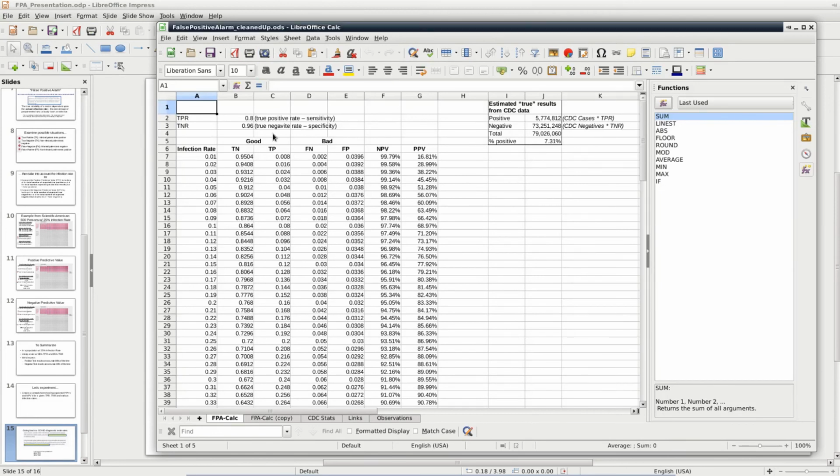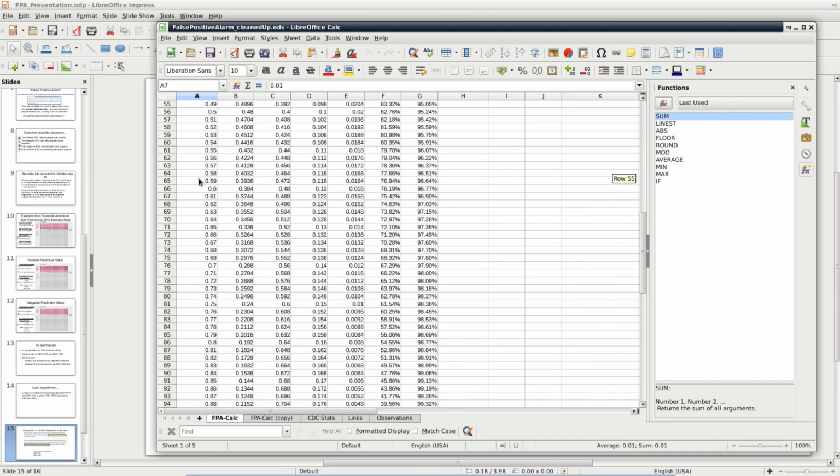Okay, so here's the spreadsheet that I created, and here's how it works. Up here we have the true positive rate and the true negative rate. We set them to the values given in the article: 0.8, that's 80% sensitivity, and 0.96, 96% specificity. Then down here in this first column, I just generated all of the percentages 1% at a time. So here is 0.01, that's 1% of the population infected.